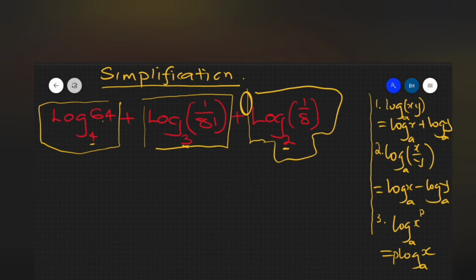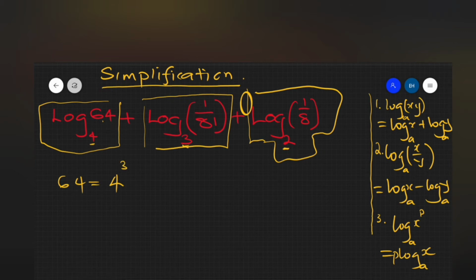Okay, you can see that we have base 4 here and we have a 64. 64 can be rewritten as 4 to the power 3. That's 64.